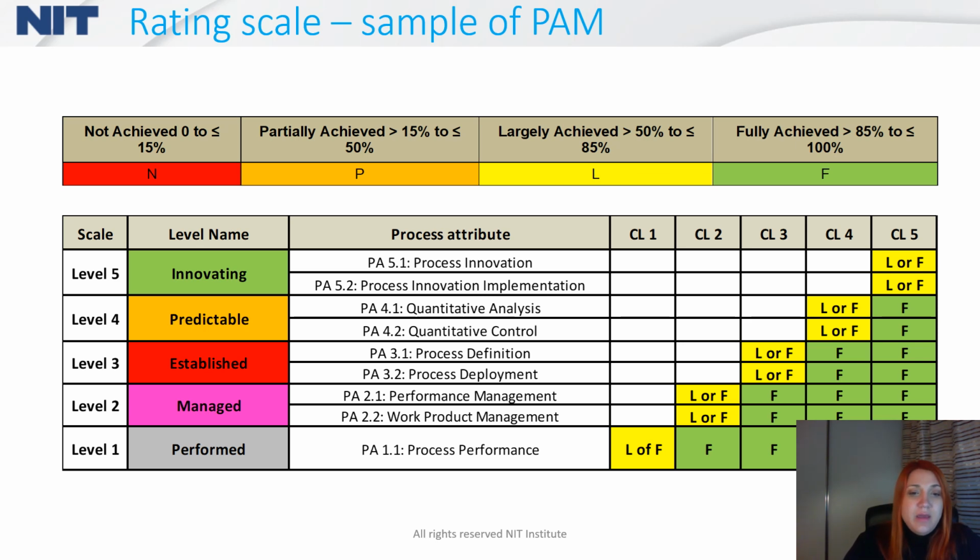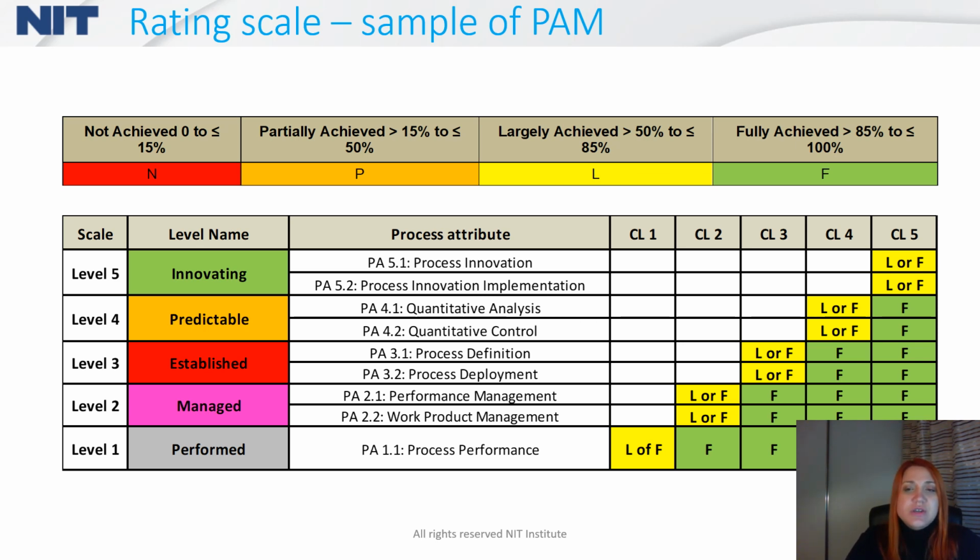In the same way, both PIs 2.1 and 2.2 in level 2 can be scored as largely or fully, and the first level must be fully in order to reach level 2. The same logic is for the higher levels.